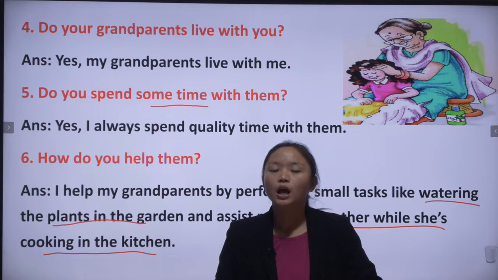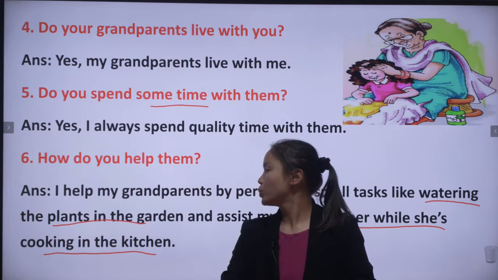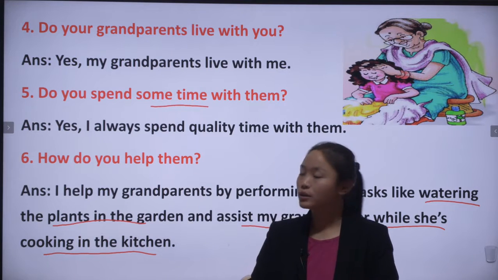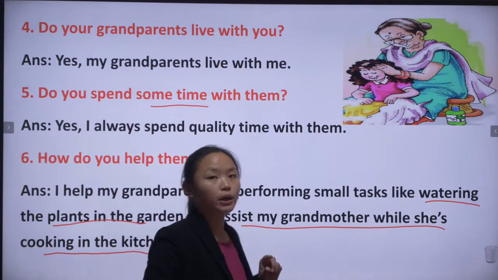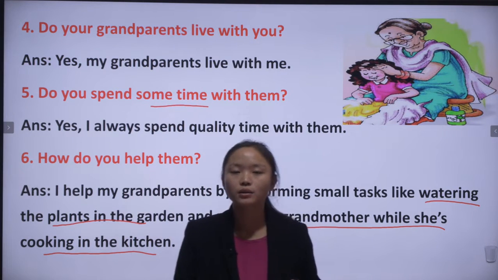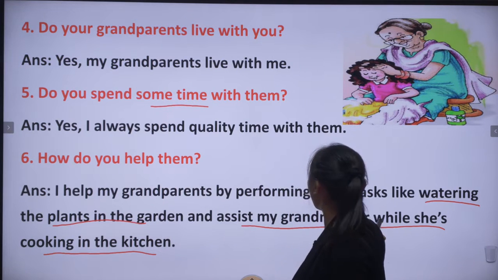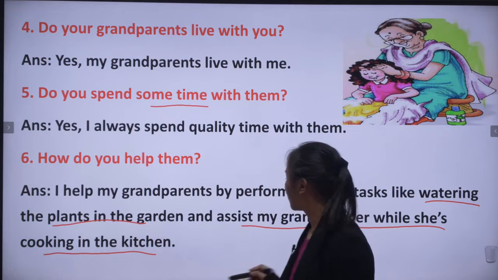While cooking, जब वो खाना बना रहे होते तब we can help. So that's the answer. How do you help? I help my grandparents by performing small tasks. छोटा छोटा काम करके मैं help करती हूँ, like watering the plants and also helping assist my grandmother while she is cooking in the kitchen.